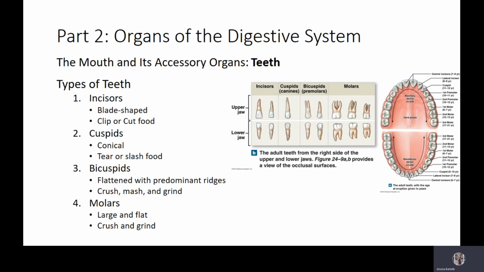So we'll see that the bison is going to be very different than the weasel and the fox. So they'll all have kind of different diets and will have different teeth as a result of that.